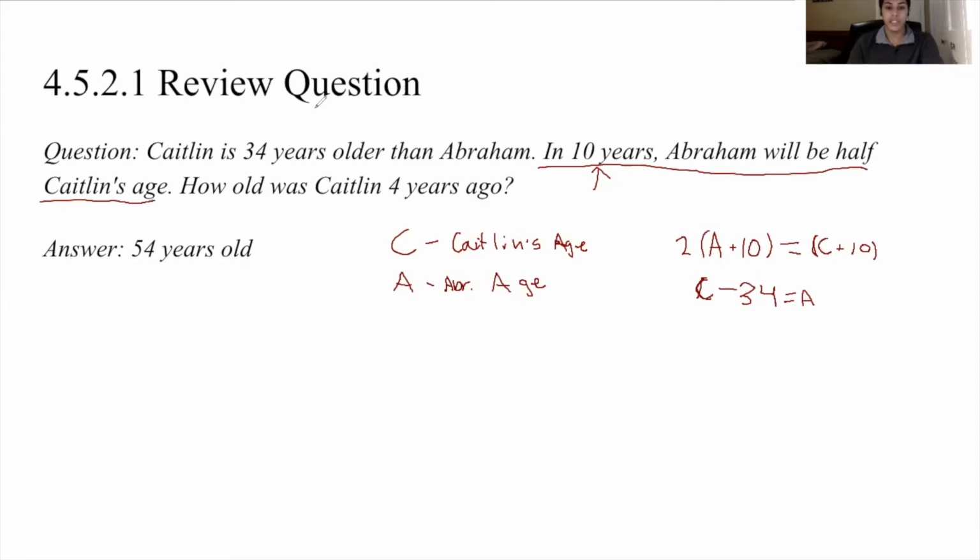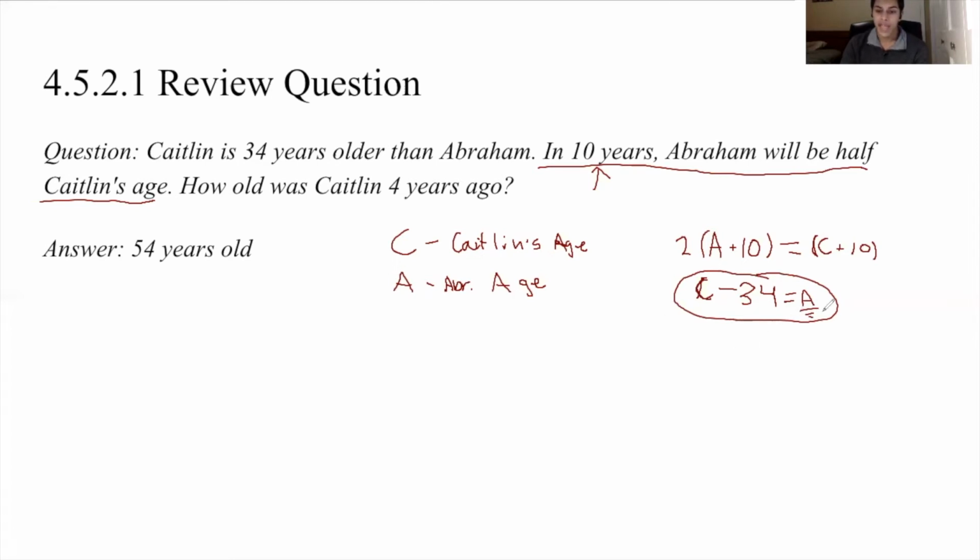All right, perfect. So we can move on to the second step of solving with substitution. And that step is to solve for one variable in one equation. And you'll actually see this pretty commonly, that it's done for you when you create these equations. And in this second equation, it's done for us, because we have C minus 34 is equal to A. And so we solved for A in this equation. All right, so our third step is then just to substitute.